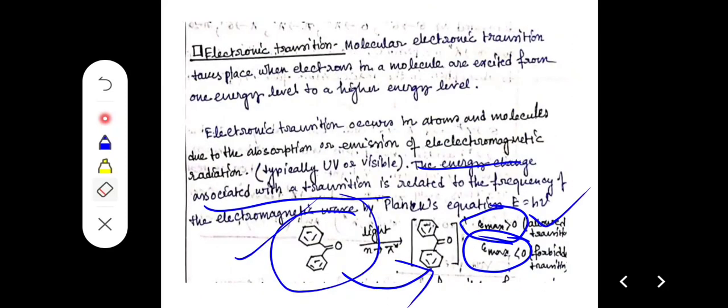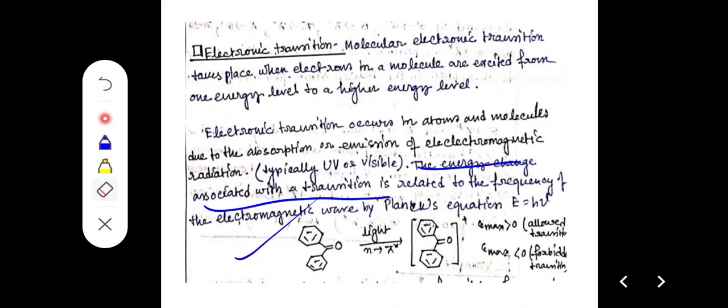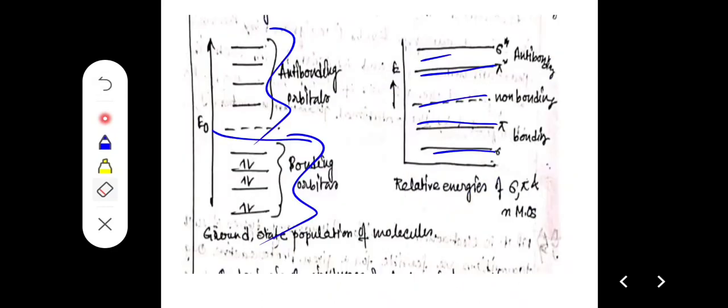Now we consider electronic transition. Due to absorption or emission of electromagnetic radiation, the molecule gets excited and electronic transition is possible. And they always talk about epsilon, which is the intensity. If epsilon max is greater than 0 it means an allowed transition, and if epsilon max is less than 0 it is a forbidden transition. For MOs or for electronic transition we have to consider the low energy orbitals.